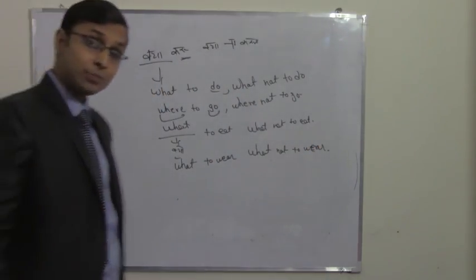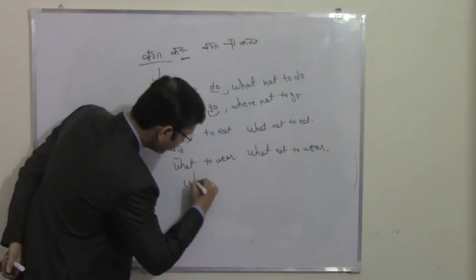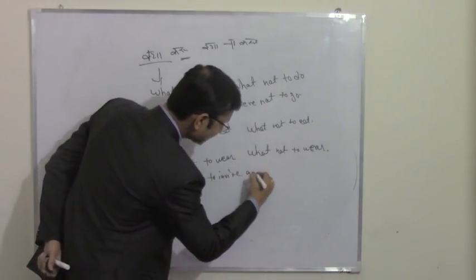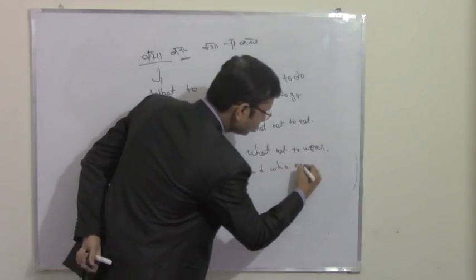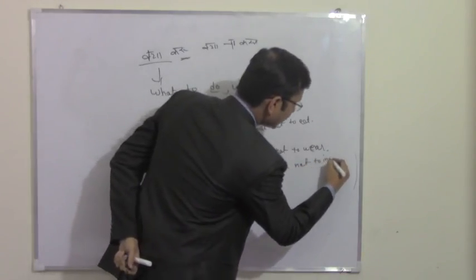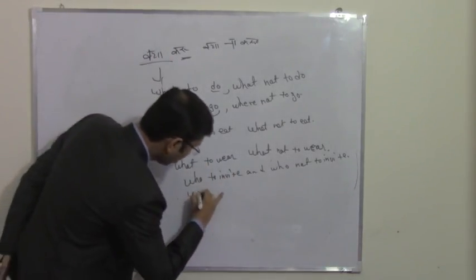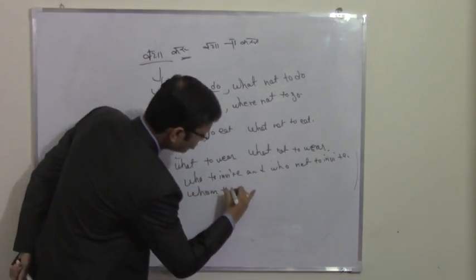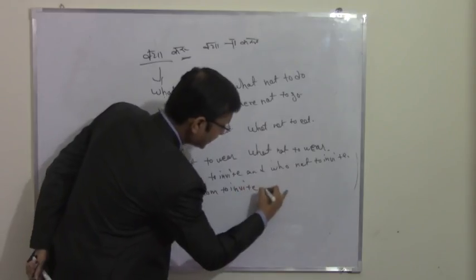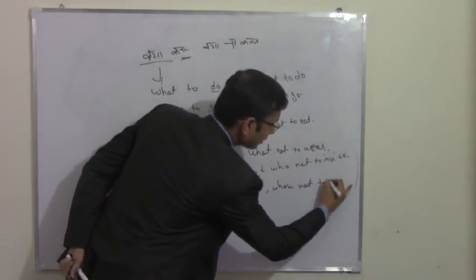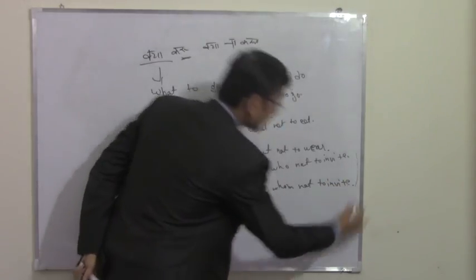"Kise bulaun, kise na bulaun": so who to invite and who not to invite. You can also say this sentence like whom to invite and whom not to invite.